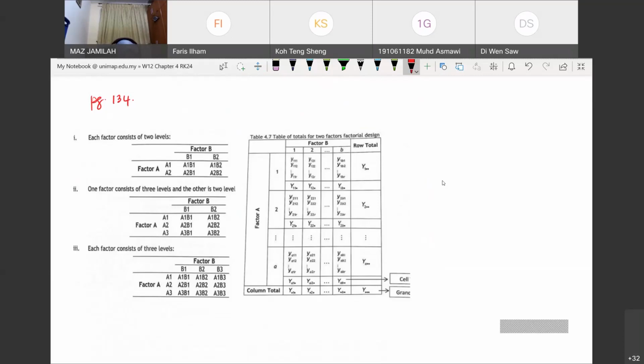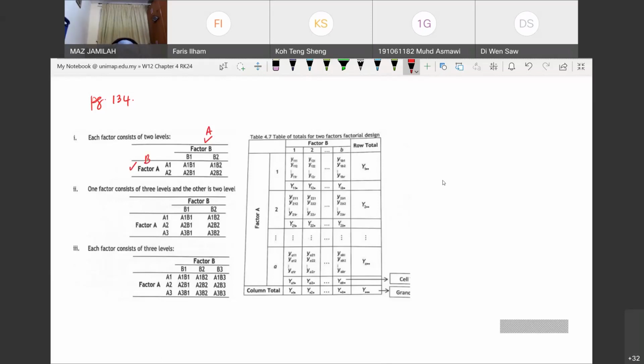When we say two factors, we will have our first factor, factor A, and second factor, factor B. Sometimes it will be arranged vice versa. It could be factor A here and factor B here, depending on how you define them.